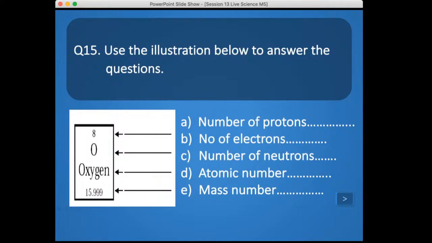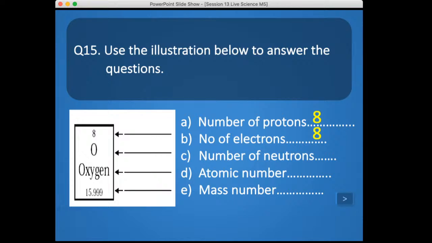The number of protons is equal to 8, because this is the atomic number. The number of electrons is also 8, because in a neutral atom the number of electrons is equal to the number of protons.